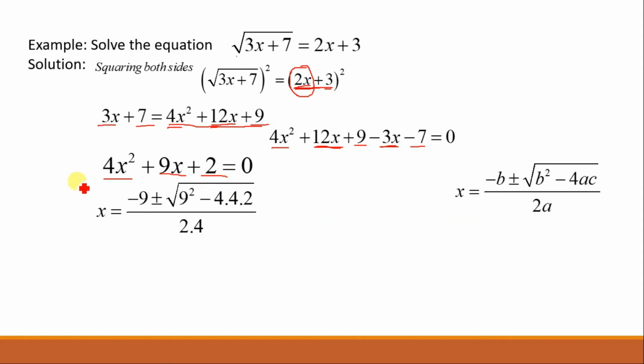So putting the values of a, b and c, we should know that coefficient of x square is a, coefficient of x is b, and coefficient of x raised to 0, or constant term, is c.